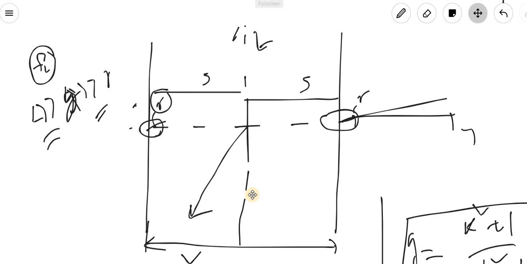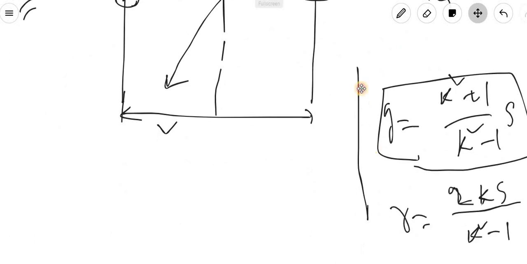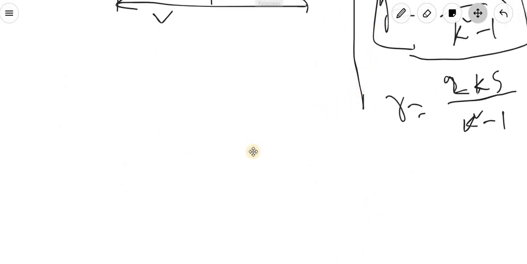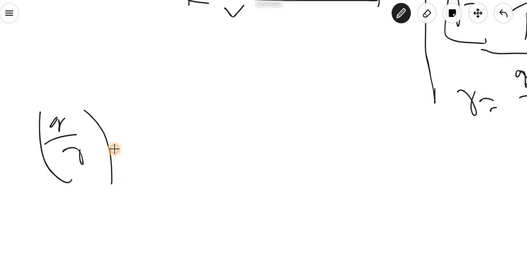Now take any point, the P point, and at that point we see the location. If we see the ratio between this G and R, what will we get? We get K square plus 1 by 2K.